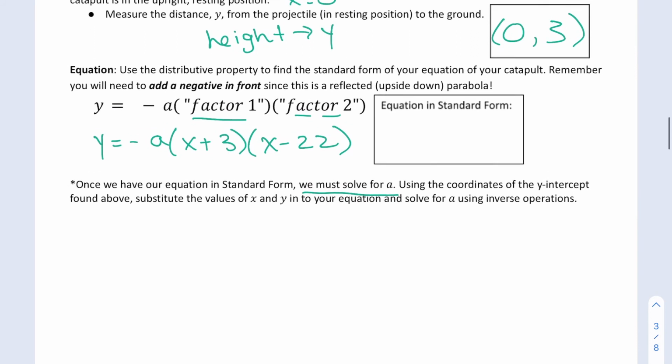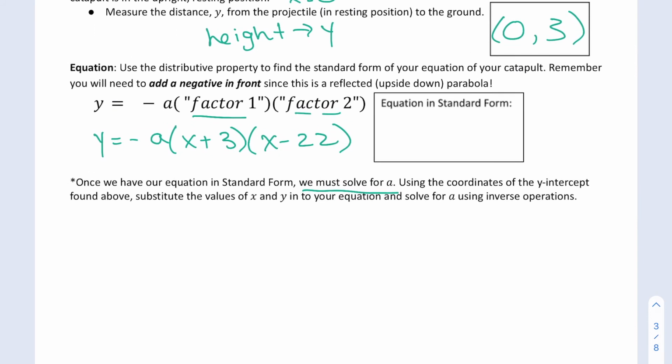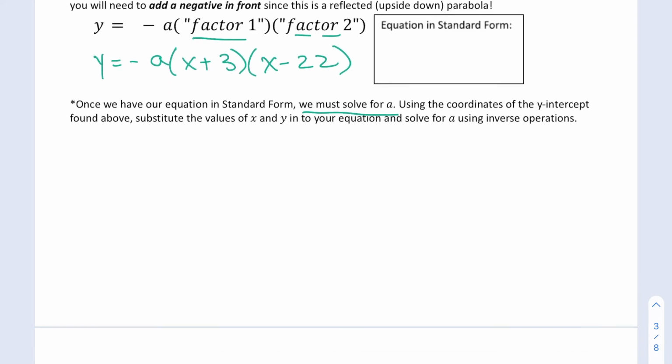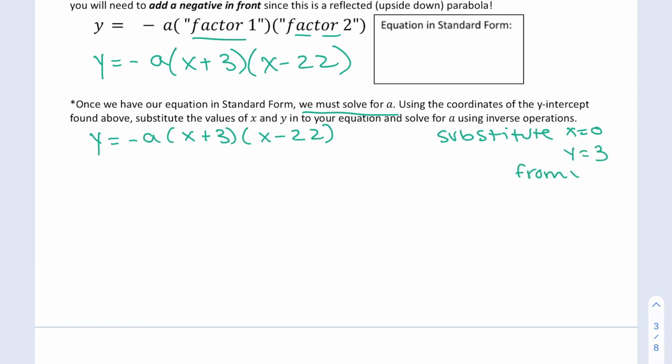So that's where our y-intercept comes into play. We're going to use our y-intercept and plug those numbers in for this equation. So y is equal to -a times x plus 3 times x minus 22. Well, I'm substituting x is 0 and y is 3 from our y-intercept.